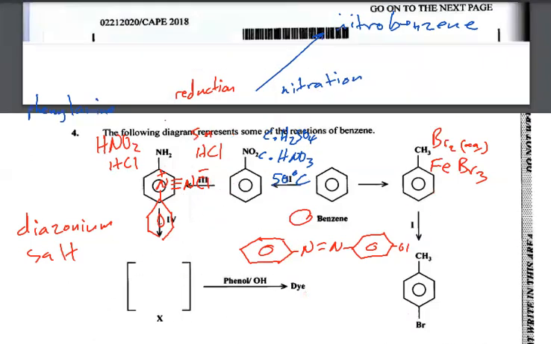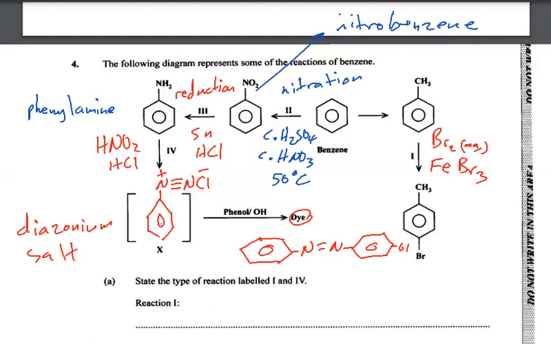Now they're asking us to state the type of reaction labeled 1 and 4. What is the name of reaction number 1? Bromination.